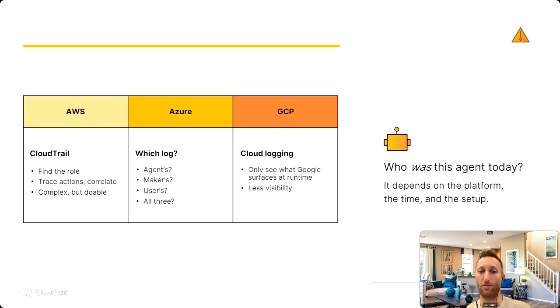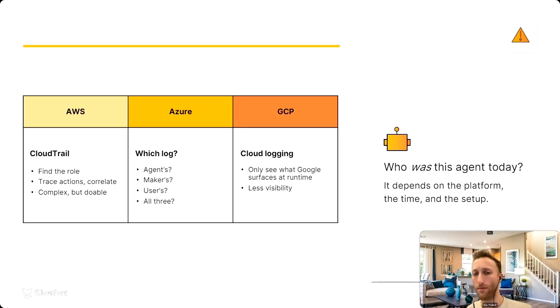The agent service principal, the maker account, the user who triggered it, right? As you've seen in the previous example, one agent can use multiple identities that are usually logged in different places, okay? So you might need to check all three and then correlate between them manually. And that correlation is not a first-class object anywhere in the Azure platform and the services that they offer.